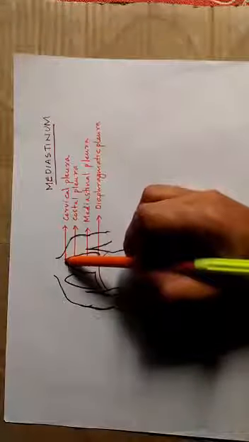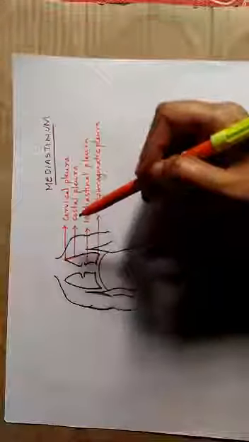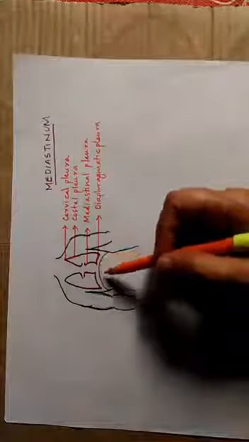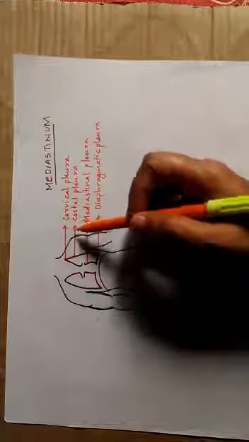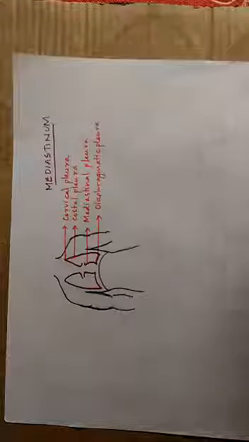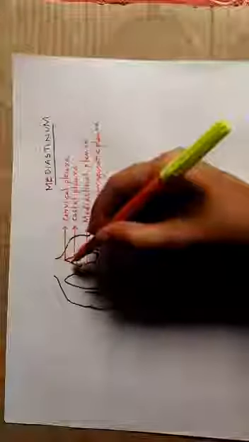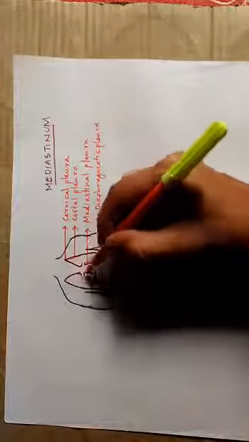So, this is the cervical pleura, where it is adjacent to the cervical region. This is the diaphragmatic pleura, adjacent to the diaphragm. And this is the costal pleura, which is adjacent to the rib. And this portion of pleura is called the mediastinal pleura.